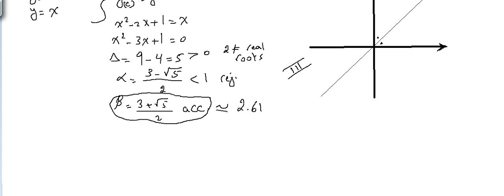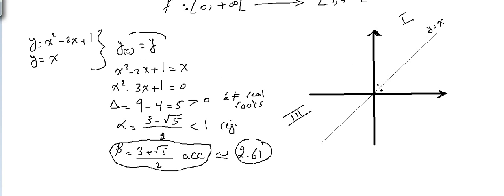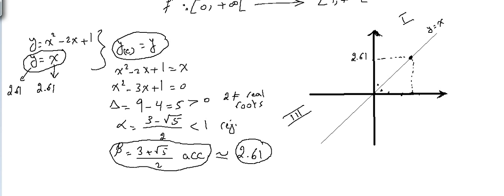How can we benefit from this? Since it is the intersection between the curve and y equal x, if x is 2.61, this means y is also 2.61. So we can draw it: 1, 2, 3, approximately somewhere in the middle, a little bit more. And also the ordinate is 2.61.